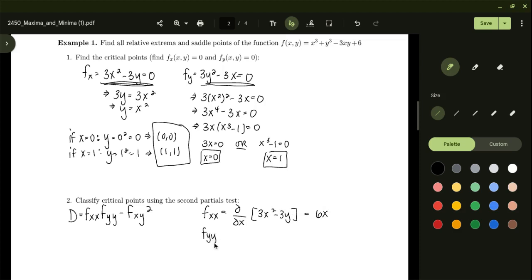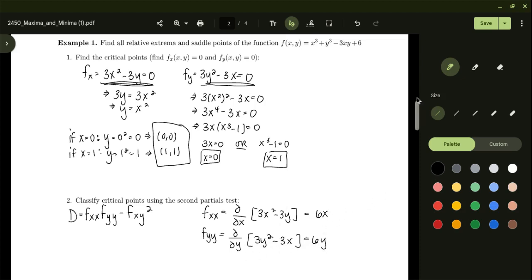For the second order partial derivative with respect to y, I take the partial derivative with respect to y of f sub y, which was 3y squared minus 3x, and we get 6y.